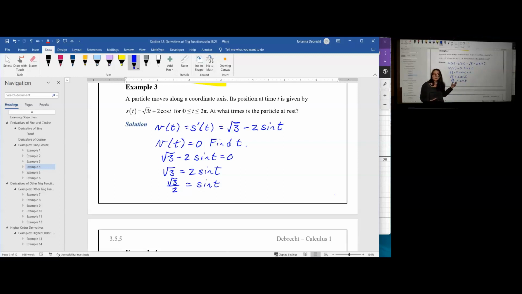Now, what angle between 0 and 2 pi causes a value of square root of 3 over 2? It's positive, so it must be in either quadrant 1 or 2, where sine is positive. I say sine, you think y. I say cosine, you think x. It's going to be positive in those two quadrants. What angle gives a square root of 3 over 2?